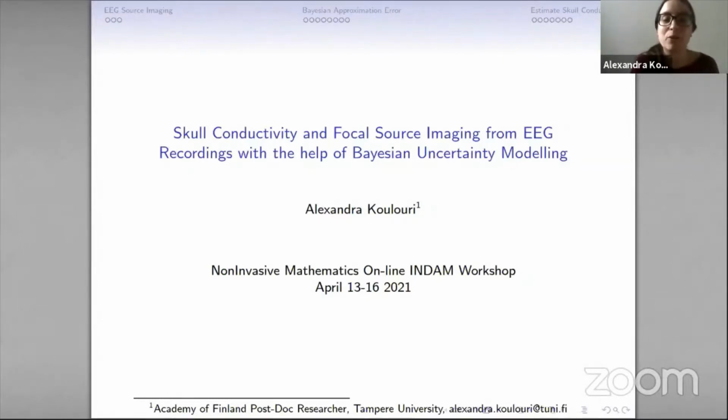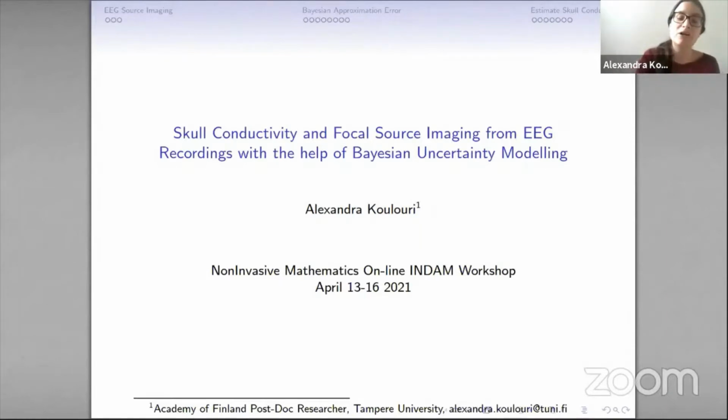focus on a problem related to source imaging, reconstruction of brain activity using EEG recordings, where in our modeling we don't have access to the skull conductivity. I will show you a Bayesian approach, a mathematical approach that has been used previously in other inverse problems.